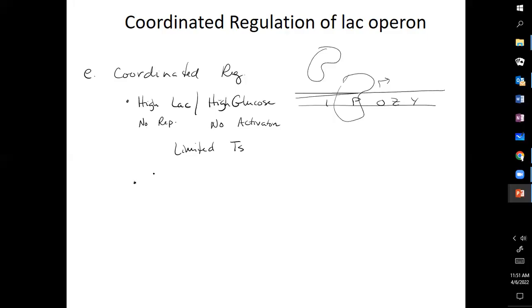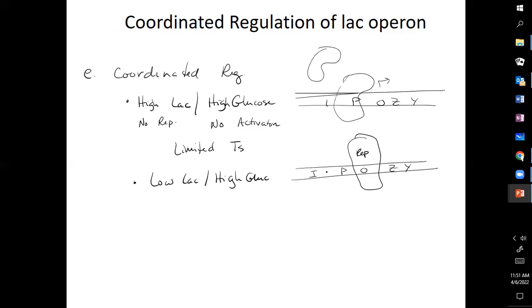What about if we had low lactose and high glucose? What would be different about this system? Well, in low lactose, high glucose, let me draw out my I P O Z Y again. Low lactose, is the repressor bound? Yes.